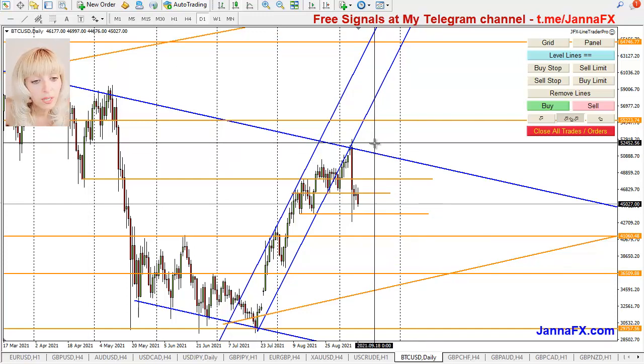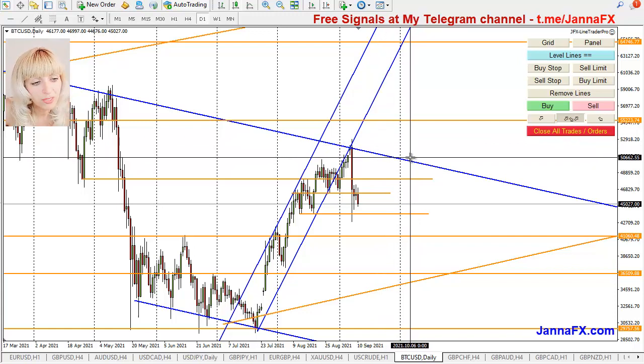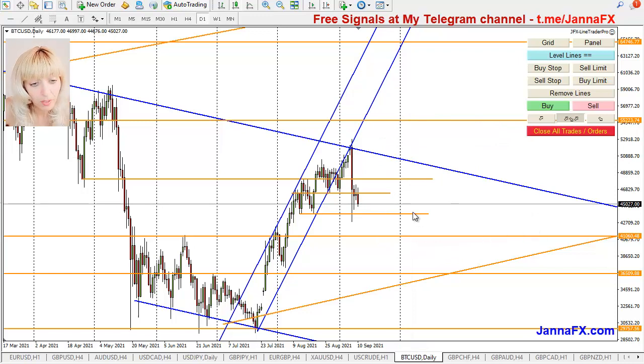Okay, so that could be a possible, well, 51 plus, but I would still say, let's say plus minus 50 and 40, 41. I would presume if there will be nothing for Bitcoin, I would be looking more that it will stay in this kind of area.